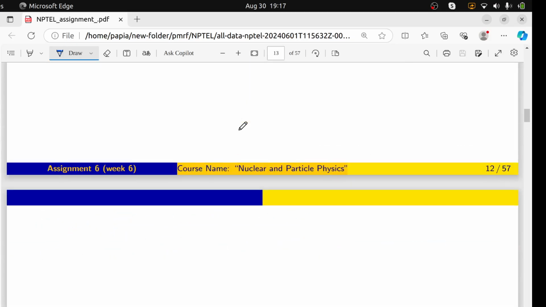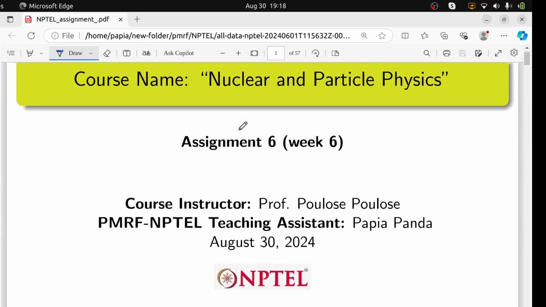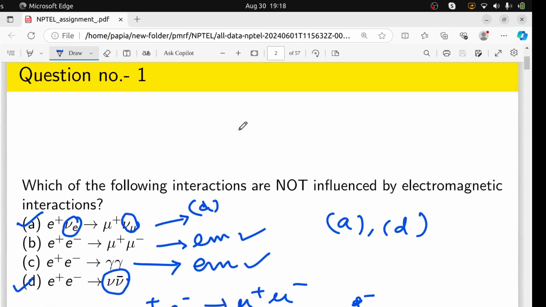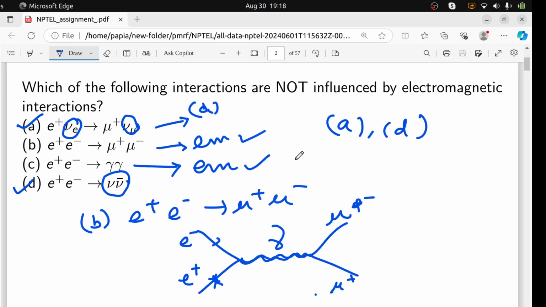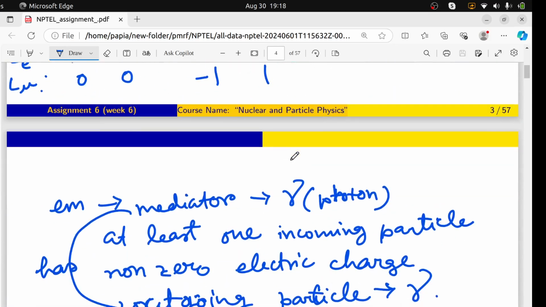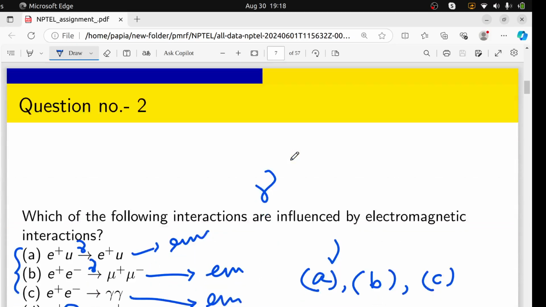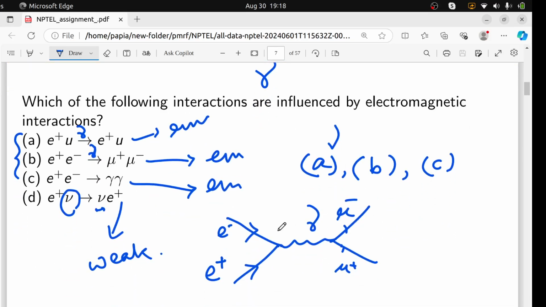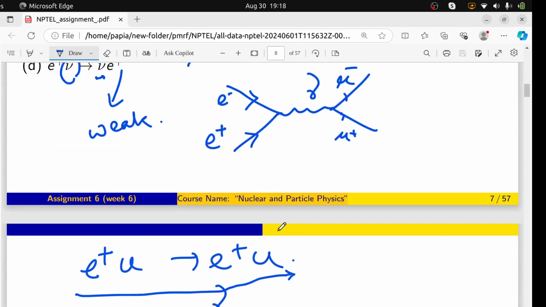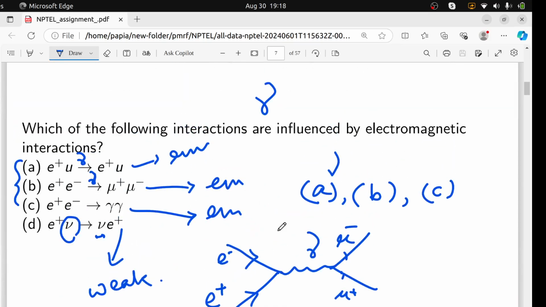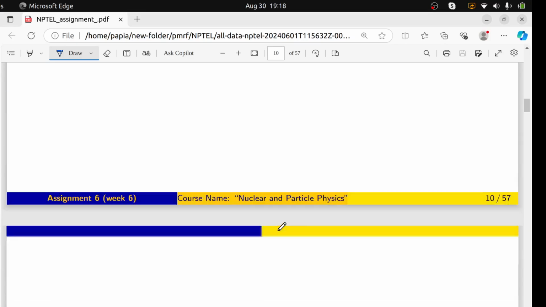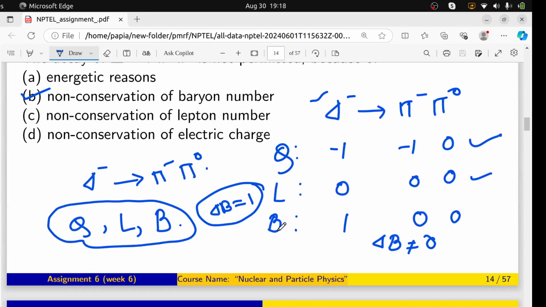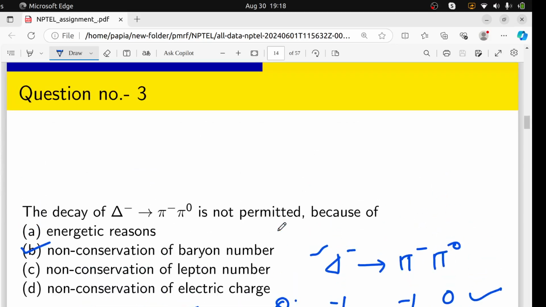The first question is this one: which one is not influenced by electromagnetic interaction? And the answer is A and D. Second question is, which of the following are influenced by electromagnetic interaction? This is A, B and C. Third question is, decay of delta minus going to pi minus pi 0 is not permitted because of which reason?